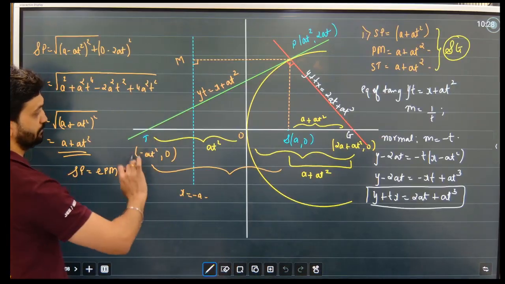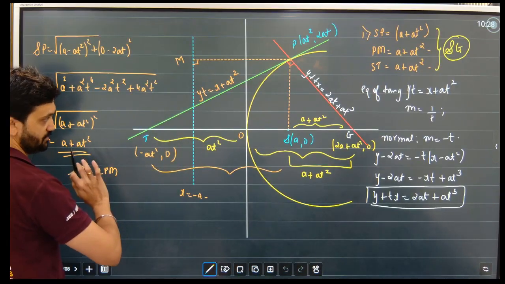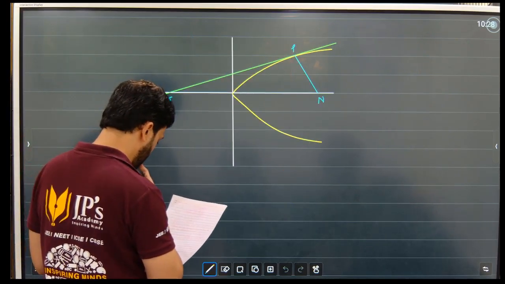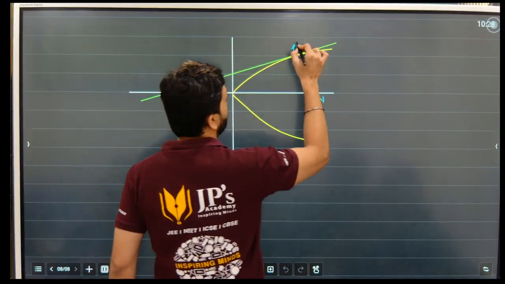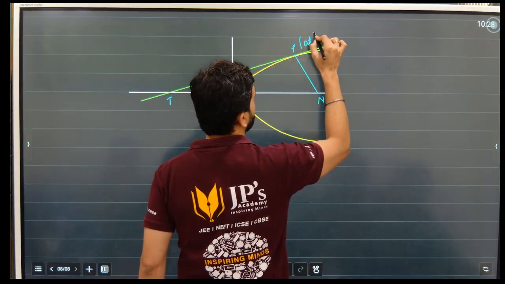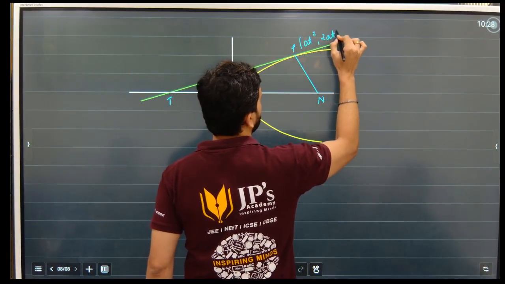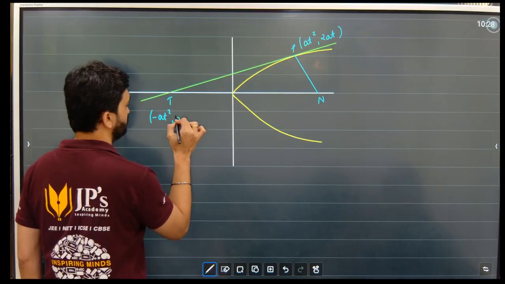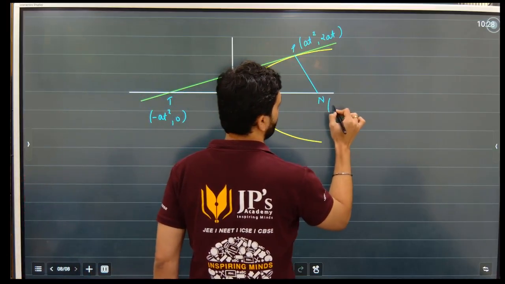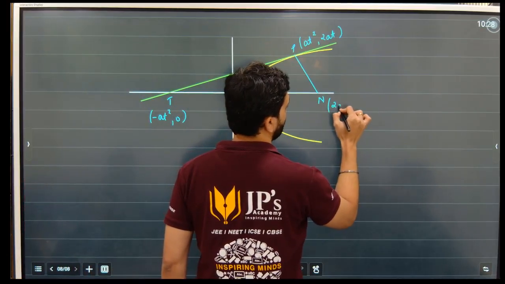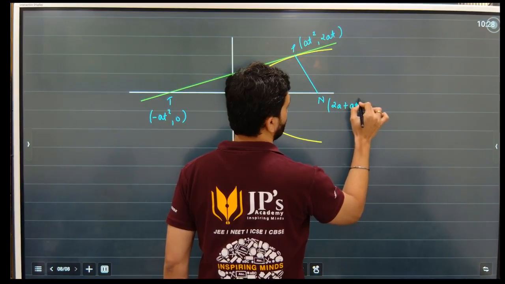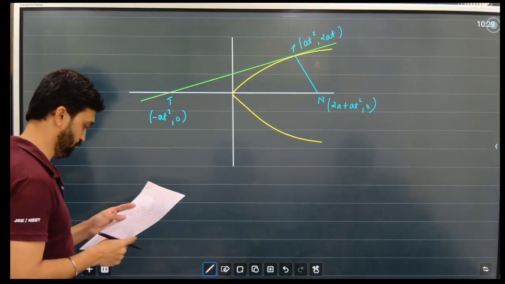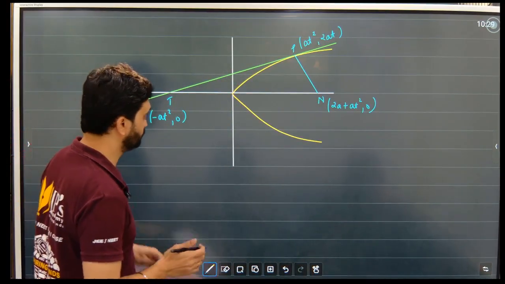Now, everything is given in this diagram. Each and everything is given in this diagram. We have the T value, we have the P value, we have everything. So P is at²,2at. This will become -at²,0, and N will become 2a+at²,0.